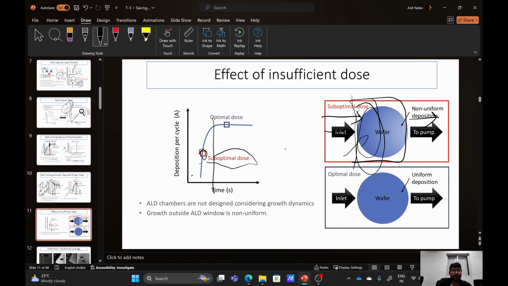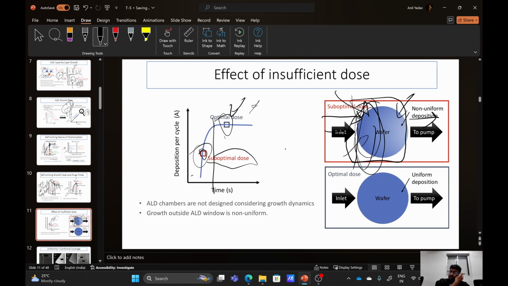In the suboptimal regime the dosage time is very low, so the growth will happen specifically in this region, and in that region there will be very little growth. For that you need to increase the dosage time or the soak time, or increase the dosage. Then in this regime there will be full coverage of the wafer with the precursor.